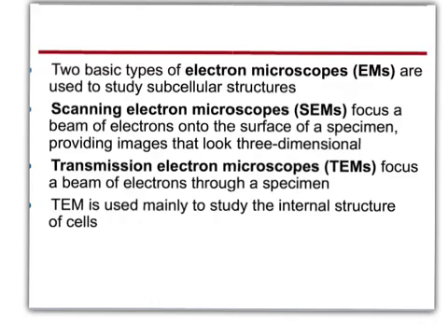It gives you a two-dimensional picture. All right, because it's focusing the particle beam through the specimen, much like a light source goes through a specimen in a light microscope. Okay? So in the scanning electron microscope, you get a three-dimensional picture. In the transmission, you have a two-dimensional picture.